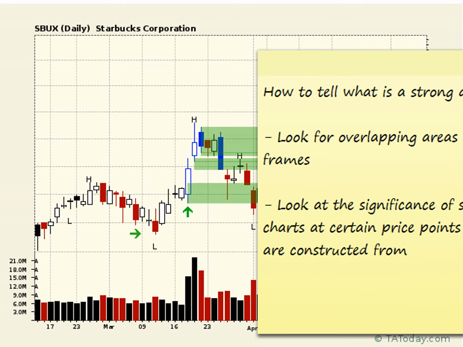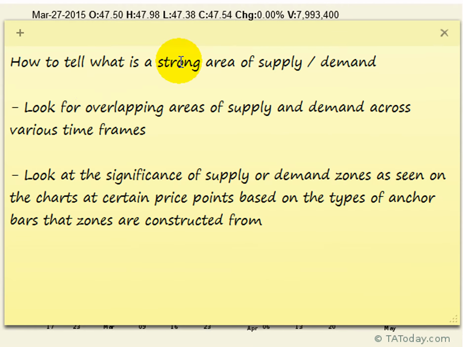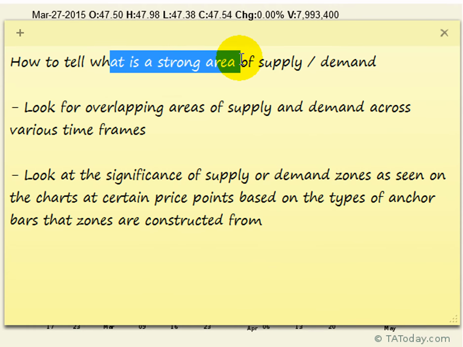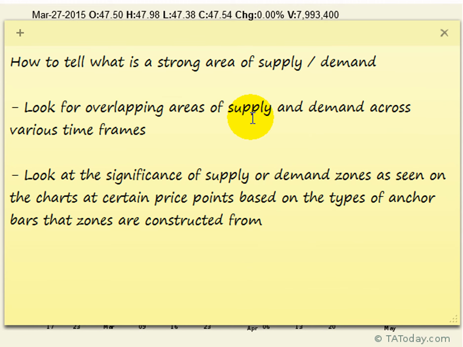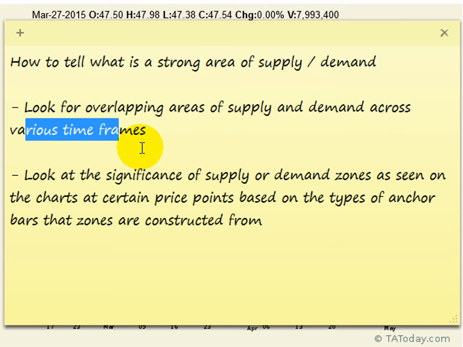Finally, if I come over here and look at this from the perspective of how do I make those decisions on how strong that supply and that demand is, there are two key things to do. One is you can look for overlapping areas of supply and demand across the various time frames.